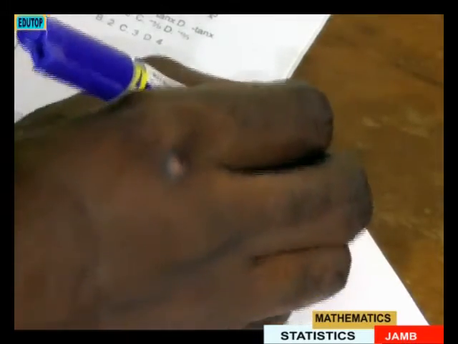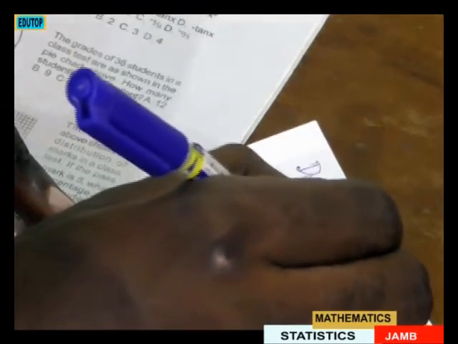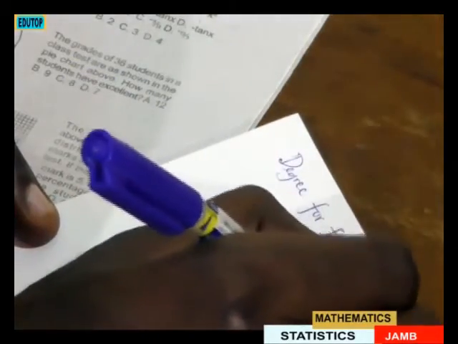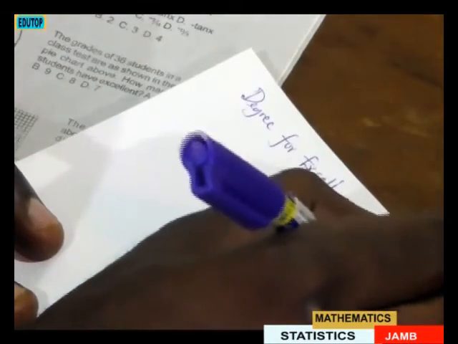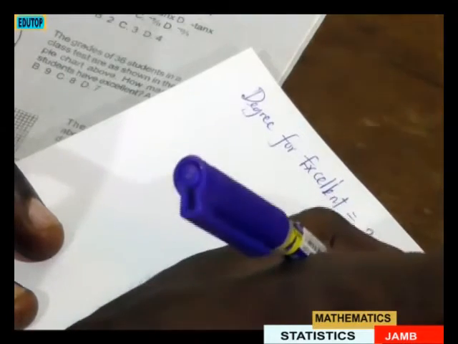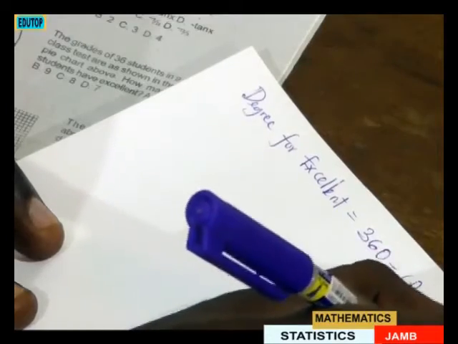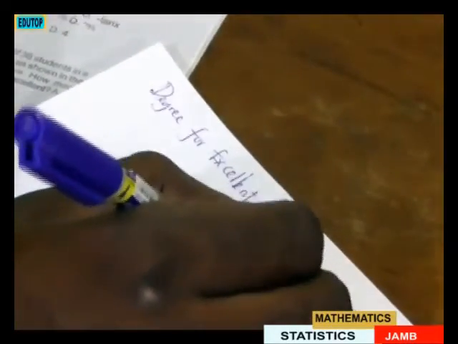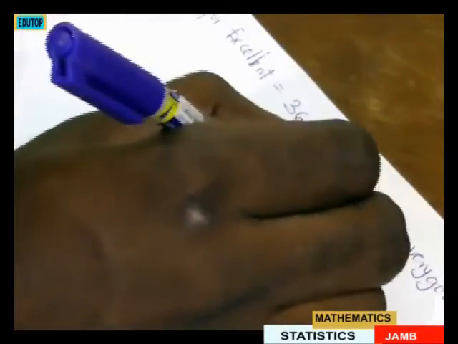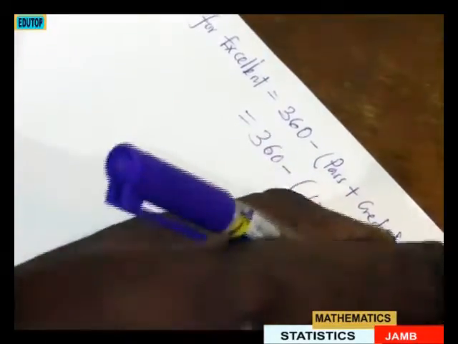That means the degree for excellence will definitely be 360 minus the degree for pass plus the degree for credit plus the degree for very good. So we're going to have 360 minus pass is 120 degrees plus credit 80 degrees plus 90 degrees.